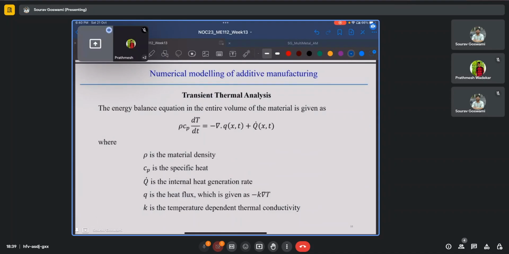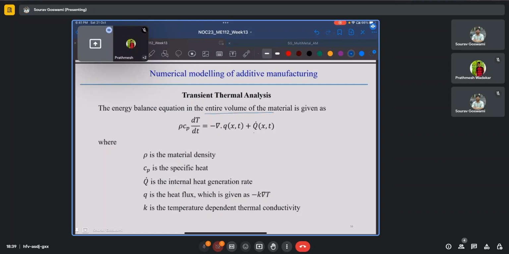Now, in any transient thermal analysis, the energy balance equation is solved over the entire volume of the domain, and this equation is given as shown here: rho Cp dT/dt, which is the variation of temperature with time, is the negative of the gradient of the heat flux plus the internal heat generation.